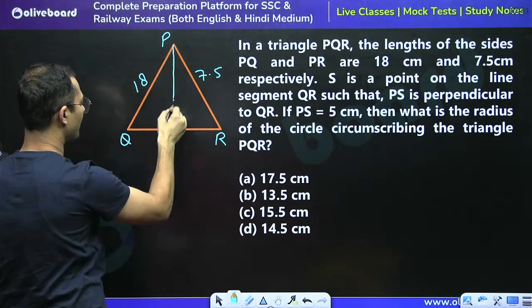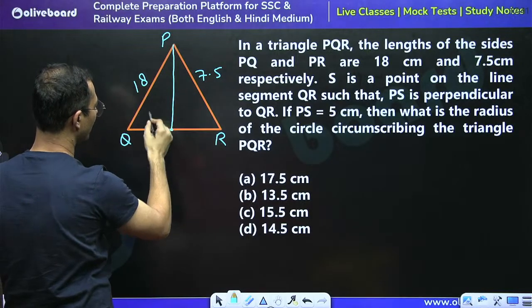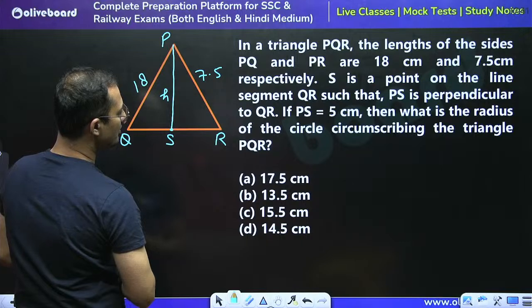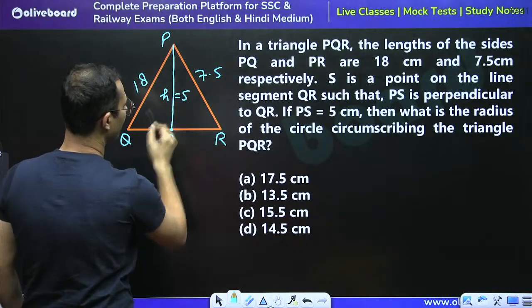So PS is the perpendicular, the height, and PS is equal to 5.